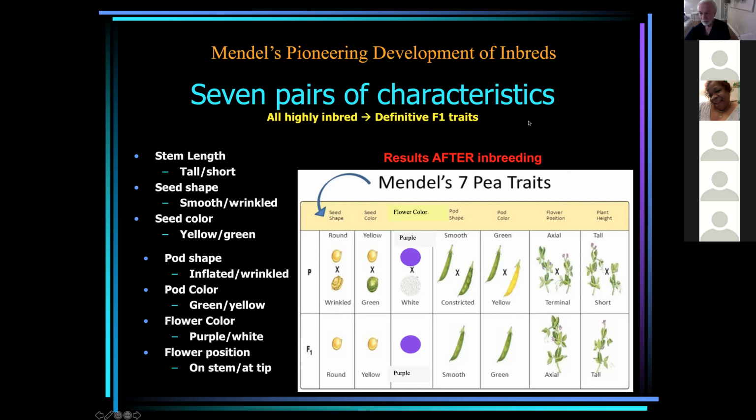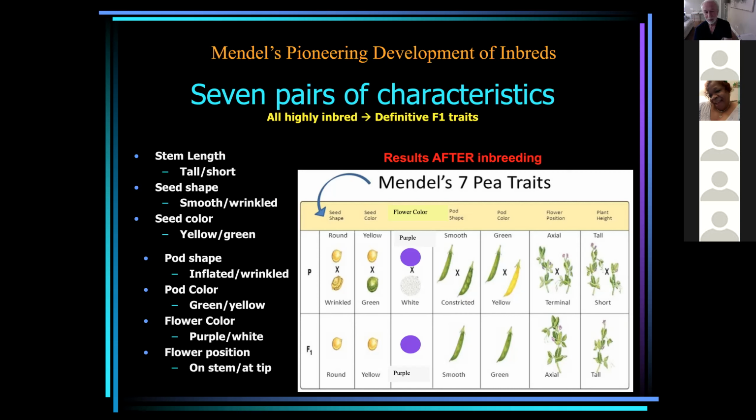How many times do you have to inbreed something for it to become homozygous? The generally accepted number is 6. But there could be more or less.